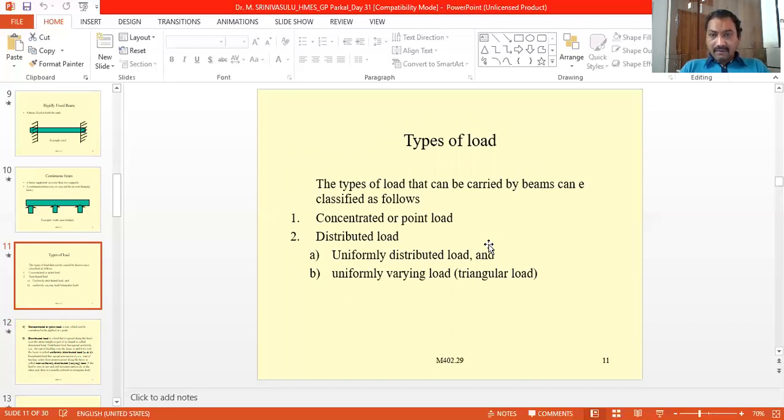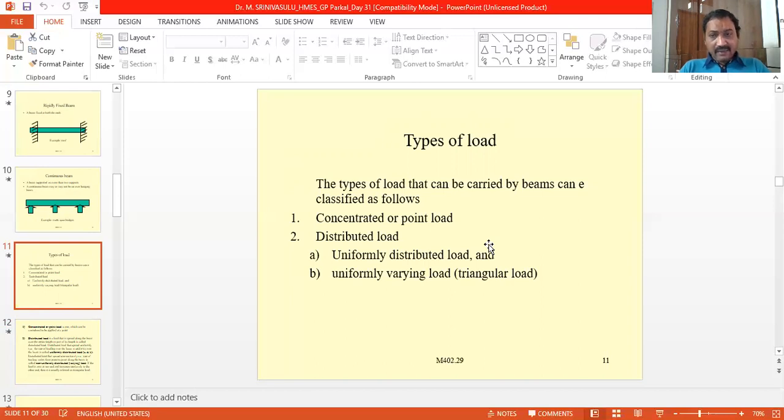So what is called load? How do you define the load? The load may be defined as the external force acting on the member.